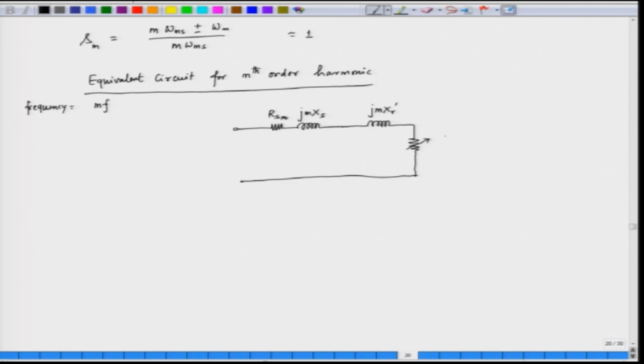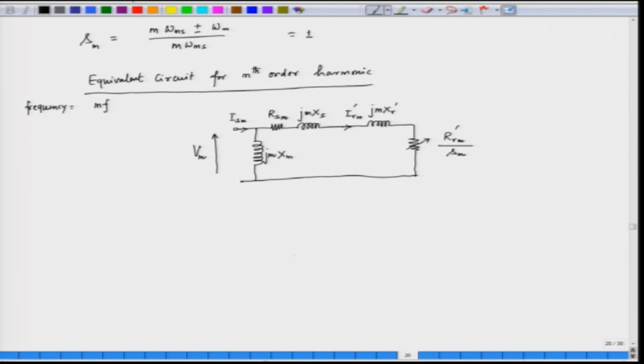The rotor resistance is R prime, referred from the stator side, divided by Sm, where Sm is the slip of the mth order harmonic. Similarly, we have the magnetizing reactance here, which is m into Xm, and we put a j here because this is the reactance, and the input is the per phase voltage Vm. Now, we see here that the input current is ISM and the rotor current is IRM.